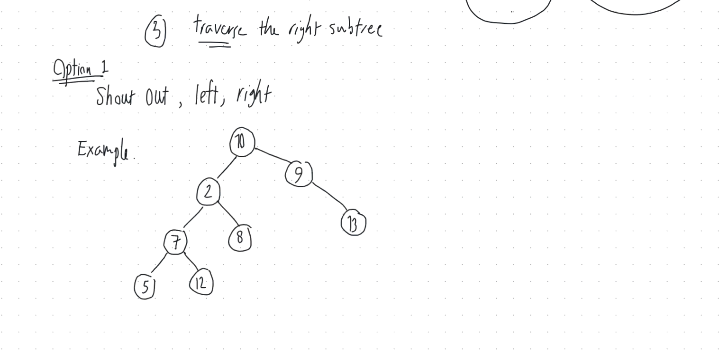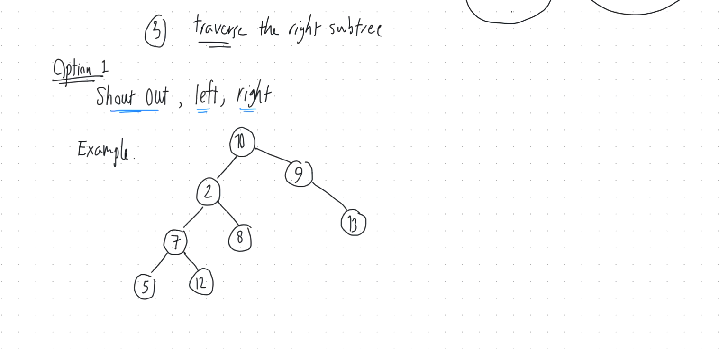Okay, let's see how this order works, starting from the root: you process the current node, then you traverse the left subtree, and when you're completely done with the left subtree, you go to the right subtree. So let's see how that works for this example.